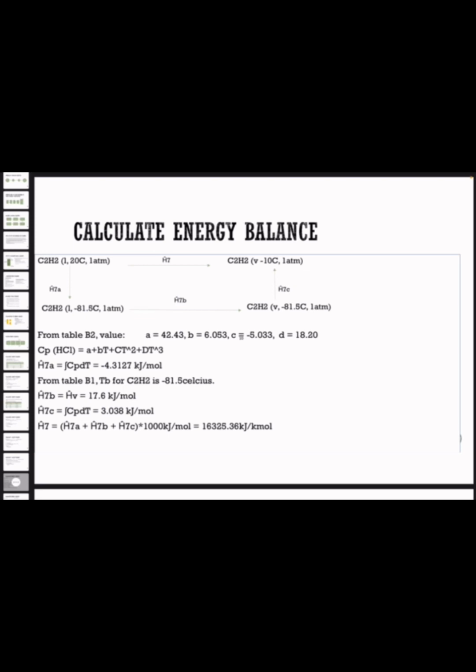After getting the Cp, we can go to phase change, type 3, from liquid to vapor. So H7B equals Hv. Hv stated at minus 81.5 degrees Celsius is 17.6 kJ per mole. And then type 2, we use CpdT, and then we sum up the values and we get the answer for H7.